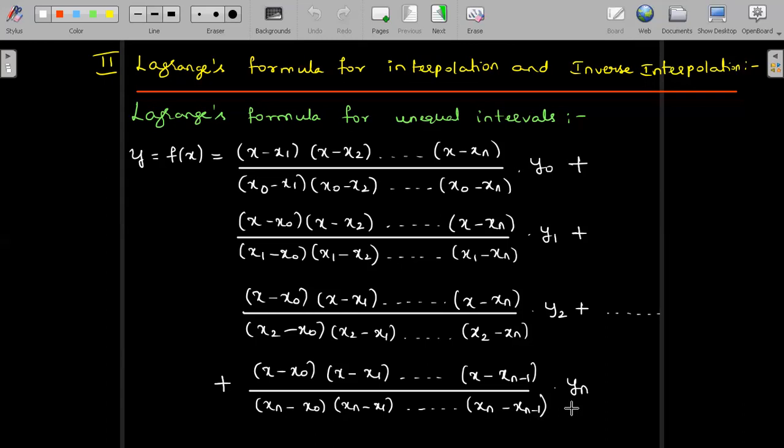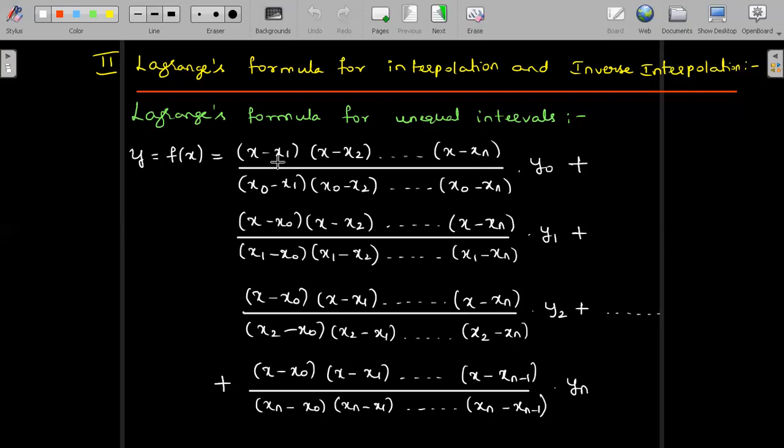Let me tell you the easiest way of remembering this formula. Observe that the set of values given would be from x0 to xn, meaning x0, x1, x2, etc. up to xn. Similarly, the respective values of y would be y0, y1, y2, etc. up to yn. In the first term, for the numerator, we have to skip x0, so each of the other expressions should be subtracted from x.